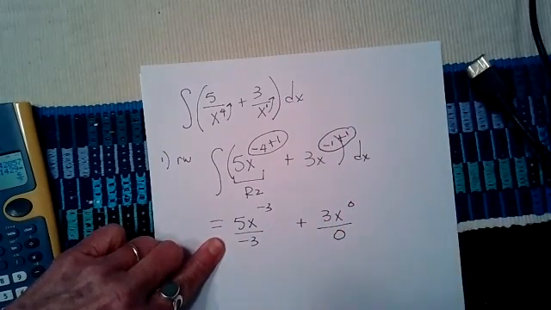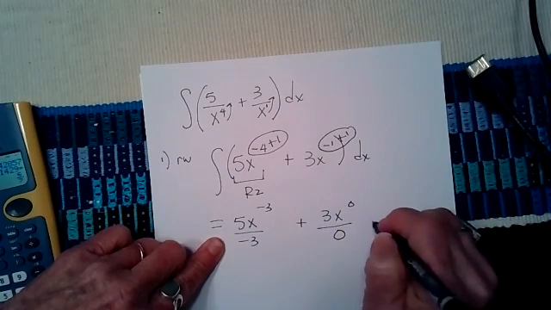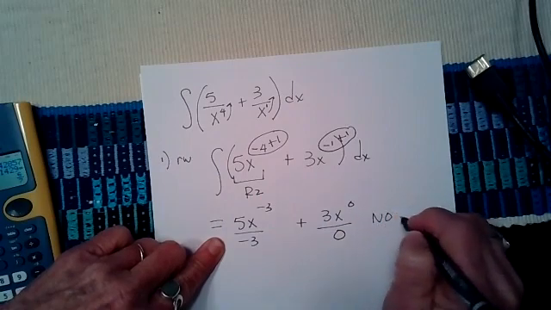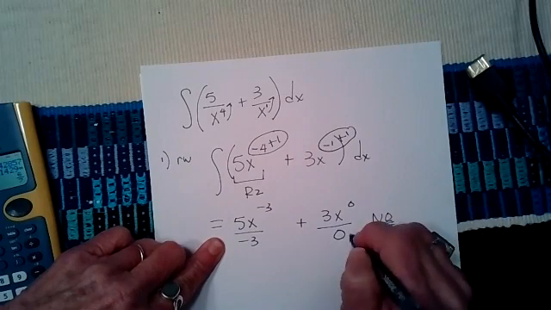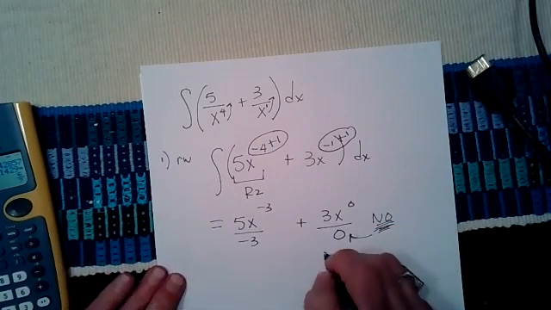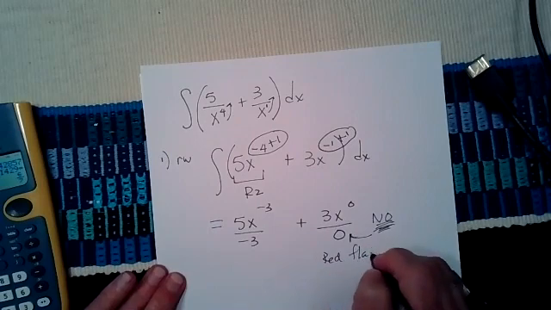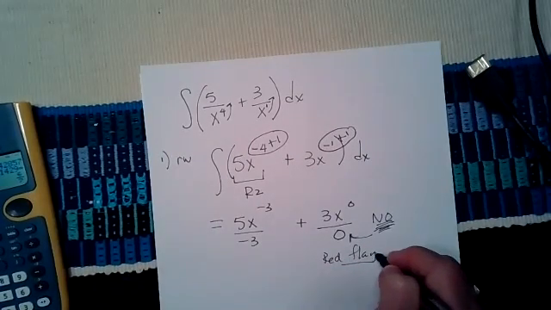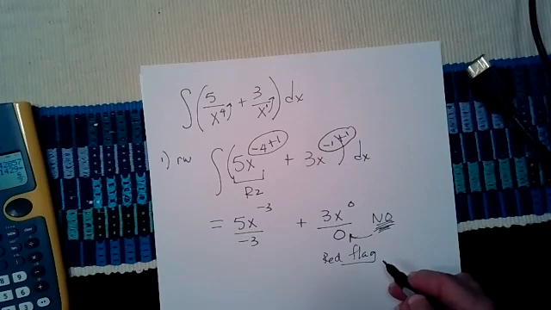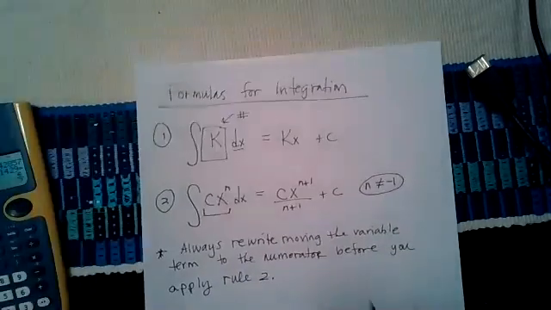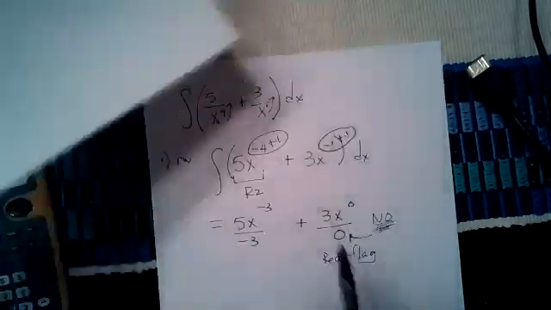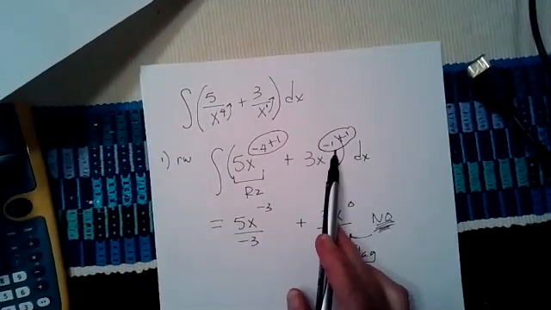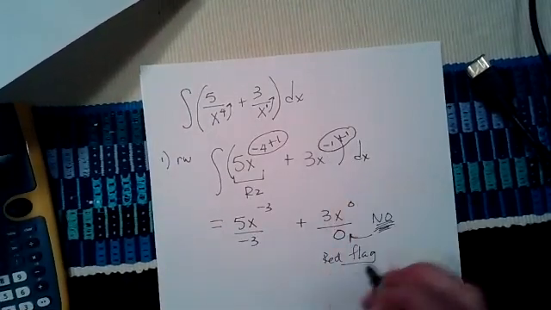And no, you can never divide by 0. So that's my red flag. That's why there was this caveat on rule 2. Remember we said that the exponent can't be -1, and that's what happened here. My exponent was -1, so I can't use rule 2.